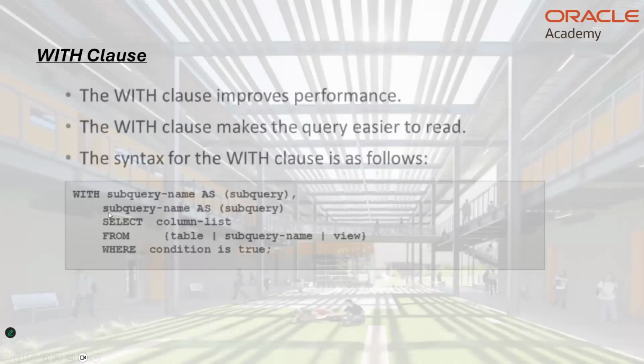You just start with the keyword WITH, give the subquery a name, then AS, and then the actual query. I'll show you what that looks like. You can do that multiple times, and then you can use that subquery wherever you want within your select statement by simply calling it.